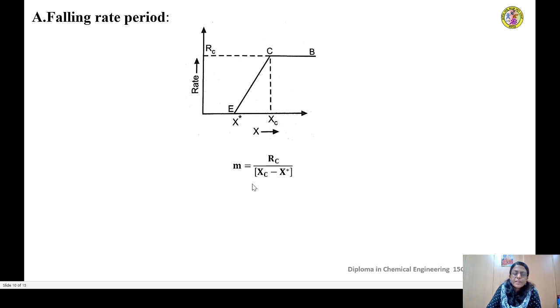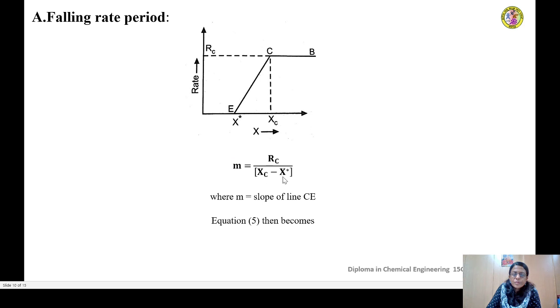Now in this diagram, m, the slope of the line CE, will be equal to RC divided by xc minus x star. So this distance divided by this distance gives you the slope of the line CE, where m is the slope of the line CE.